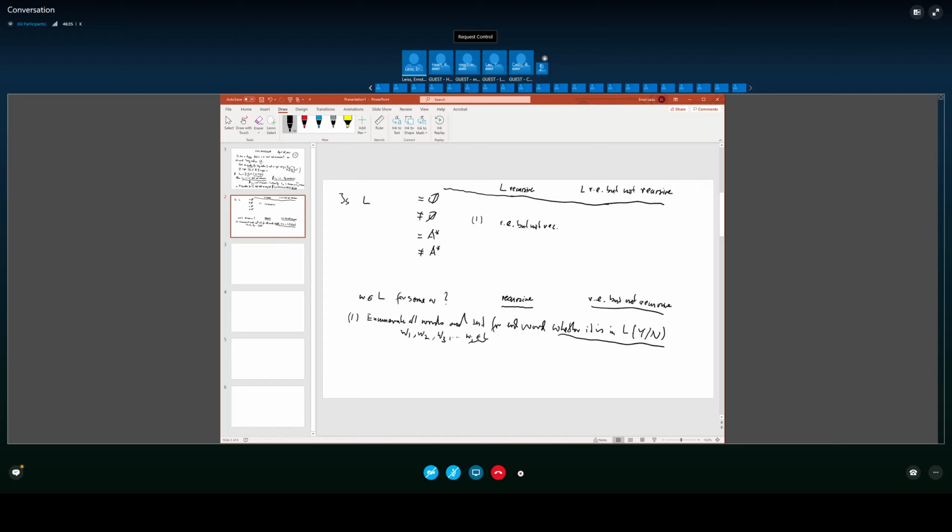So it is recursively enumerable but not recursive, which of course then immediately implies, if this is number 2, that 2 is not RE.